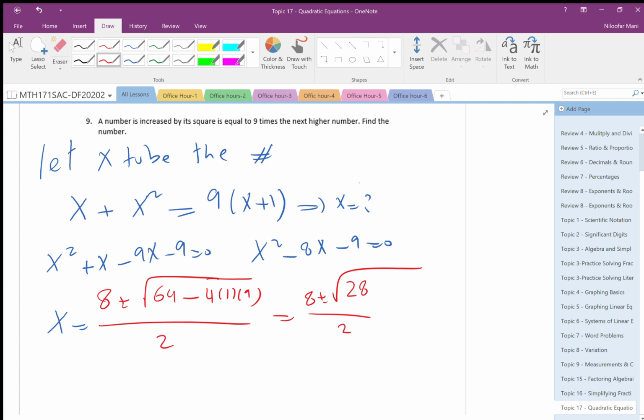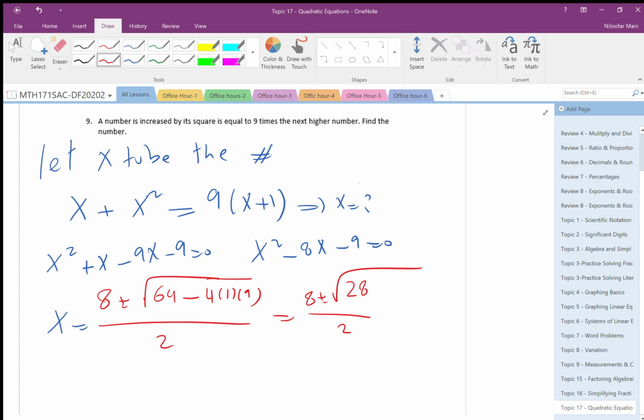What else here? It must be a number is increased by its square and is equal to 9 times the next higher number. Is equal, next higher number, so x plus 1. So 9x plus 9, and then x squared plus x minus 9x minus 9.